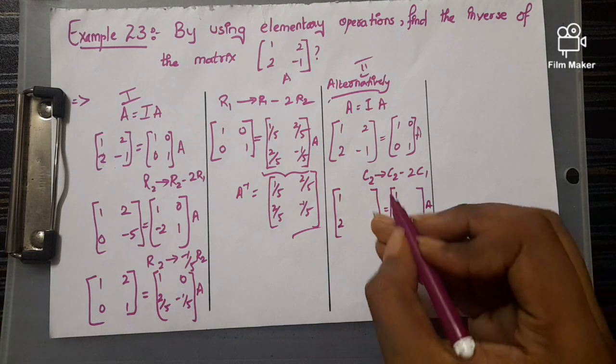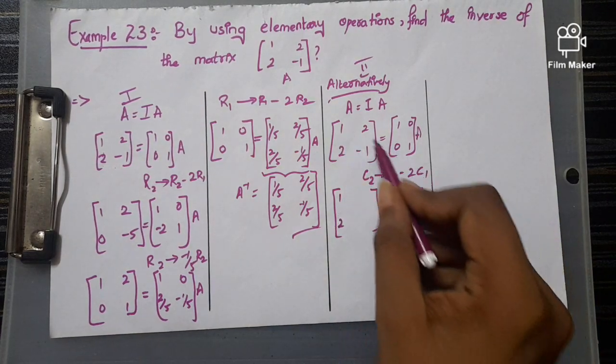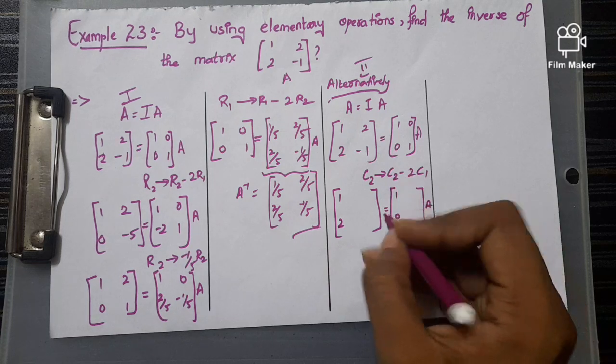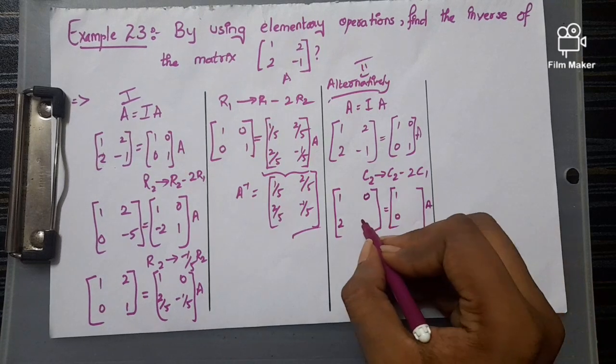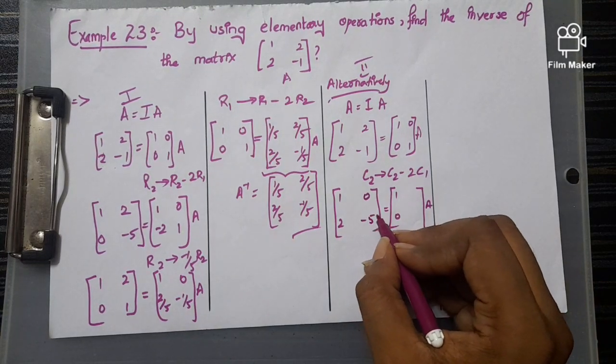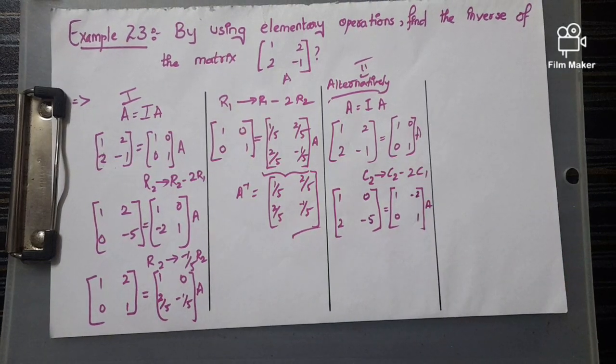When you change this, 2 minus 2 times 1 is 2 minus 2, which is 0. Similarly you get minus 5 here, and minus 2, 1 here. This is your first step when you apply C2 minus 2 C1.